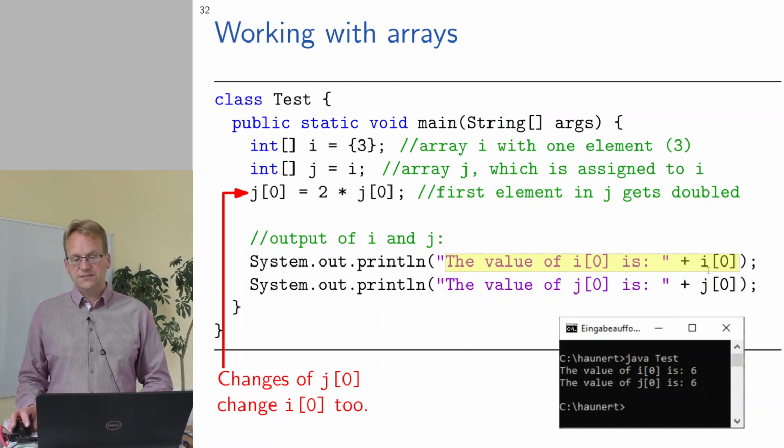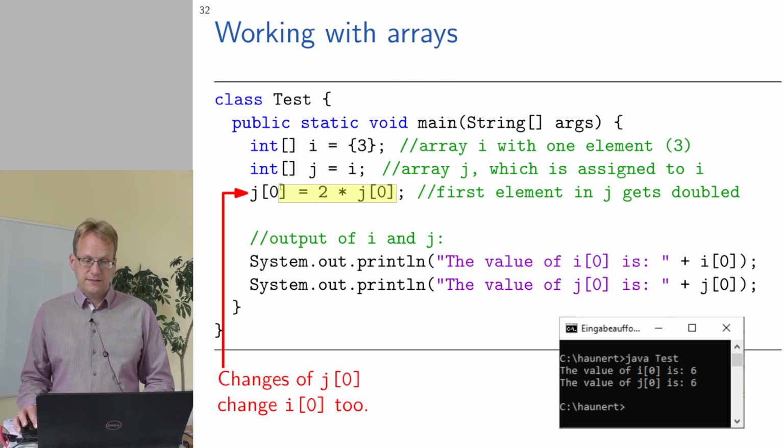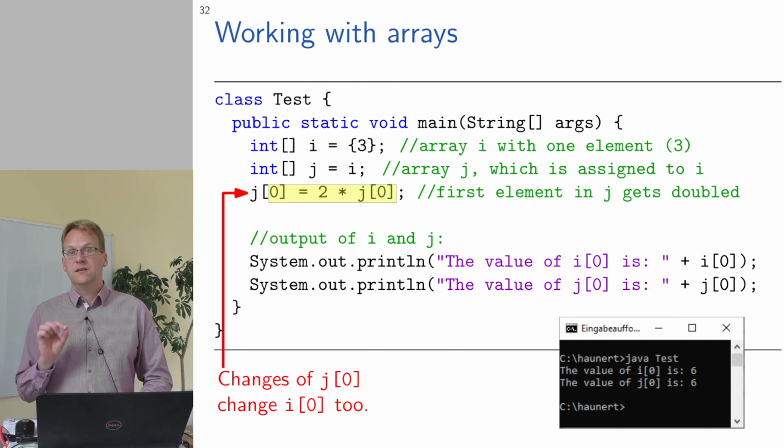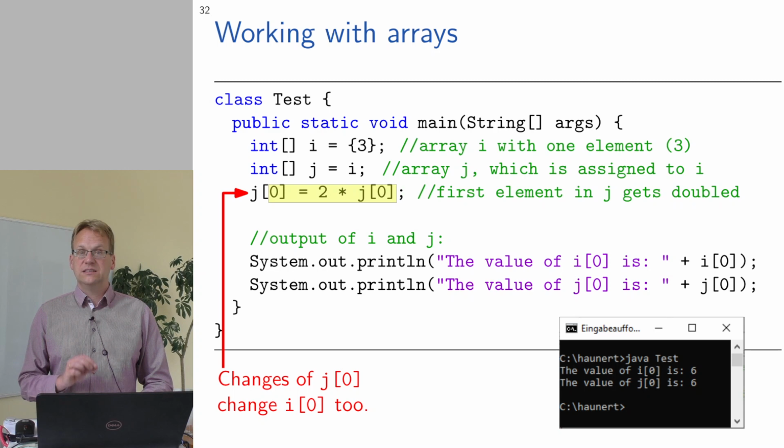And now something really interesting is happening. What we retrieve as output is that the value of i[0] is 6 and the value of j[0] is 6 as well. Meaning, with this command, both the first value in i and in j has changed. Not only in j. Also, i contains now value 6 instead of value 3.